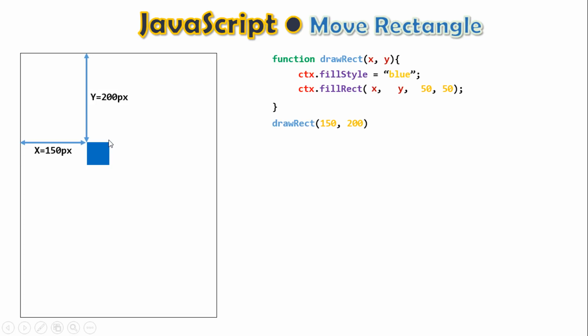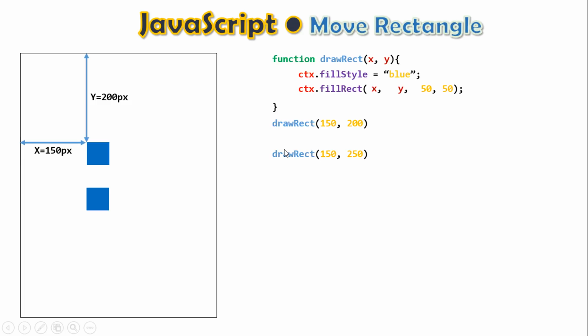Now to move our rectangle to the bottom by 50 pixels, you may think that we just have to say draw rect 150 pixels and increment the y position to 250 pixels. But the truth is that this line of code will just draw another rectangle in the new position, because for the computer these are two different rectangles.